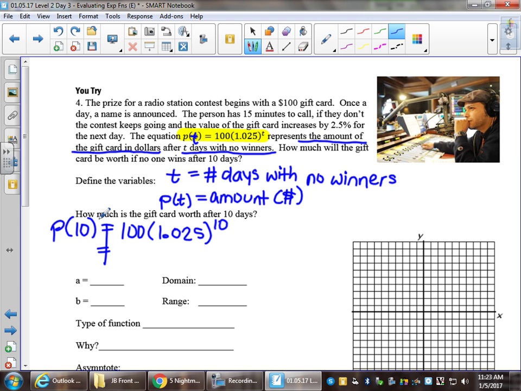Let me know what you get as an answer. Just to emphasize the calculator steps, it's going to be 100, parenthesis, 1.025, caret 10. What do we get?